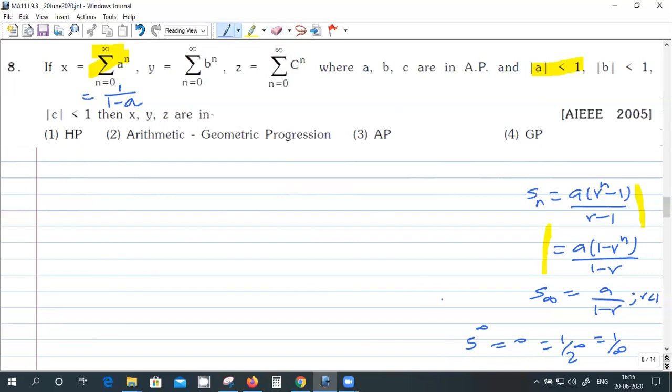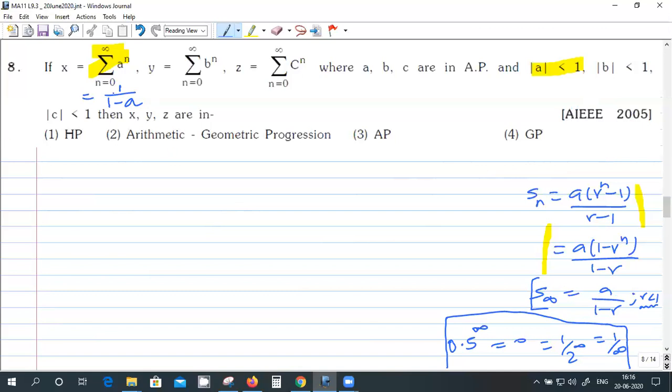That's why this becomes this formula when it is infinite and r is less than 1. Here r is less than 1, so this sum is 1 by 1 minus a.